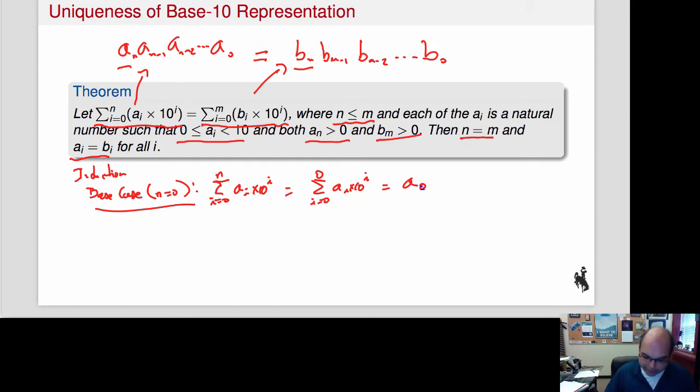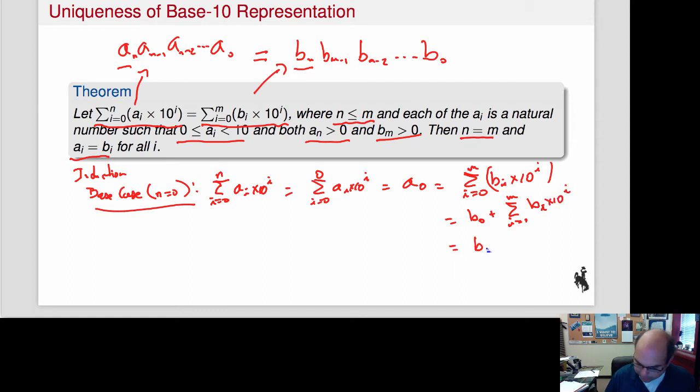And somehow this is supposed to be equal to the sum from i equals 0 to m of b_i times 10^i. That's the hypothesis. So what does that tell us? Well, I can split this up into two parts. This is b_0 plus the sum from i equals 1 to m of b_i times 10^i.